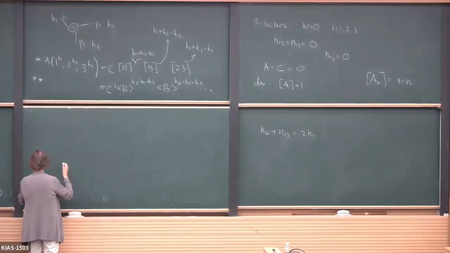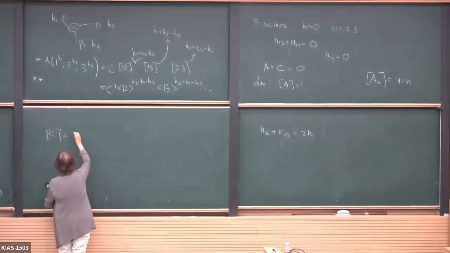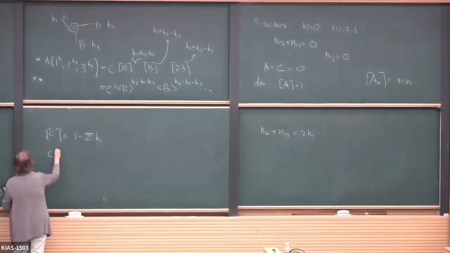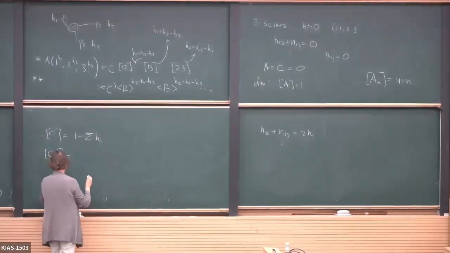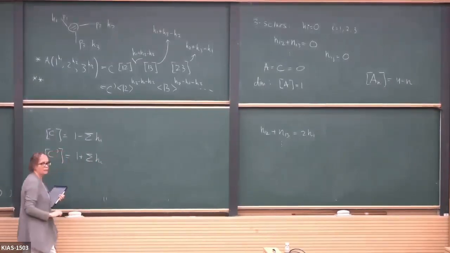So we can see that the dimension of C has to be equal to 1 minus the sum of all the helicities, and the dimension of C prime has to be 1 plus the sum over all the helicities.